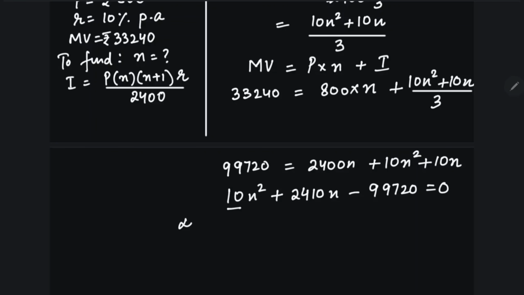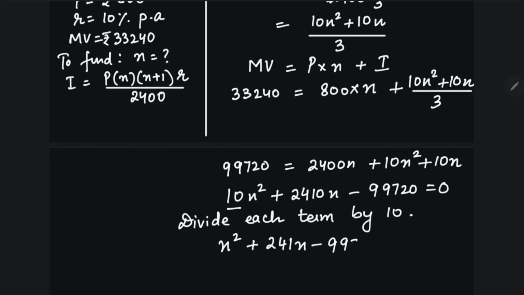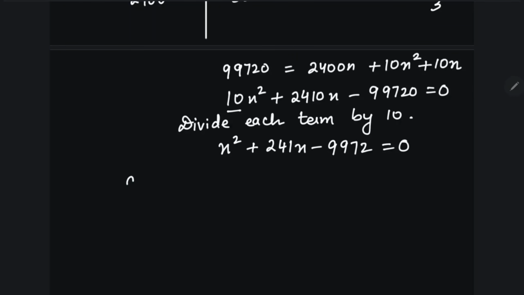So divide each term by 10. We have n square plus 241n minus 9972 equal to 0. Now this is a quadratic equation. Here we have a is equal to 1, b is equal to 241 and c is equal to minus 9972.